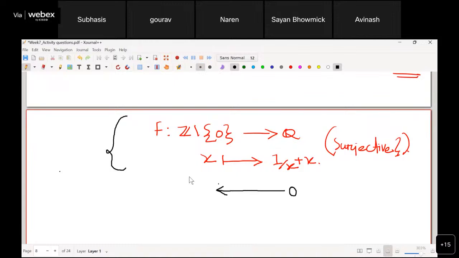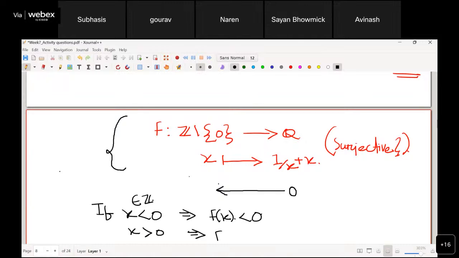So basically, he's saying that if x is less than 0, then f of x is always less than 0. That's the mathematical expression. Similarly, if x is greater than 0, then f of x is also greater than 0.